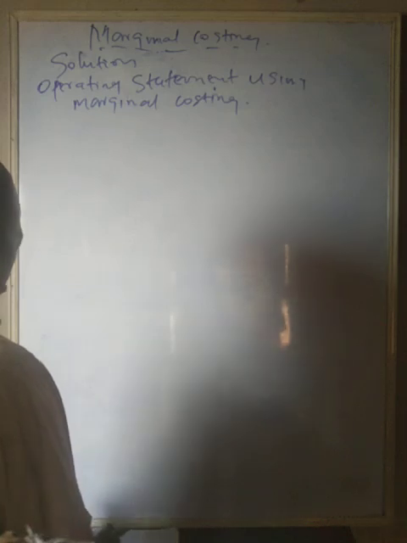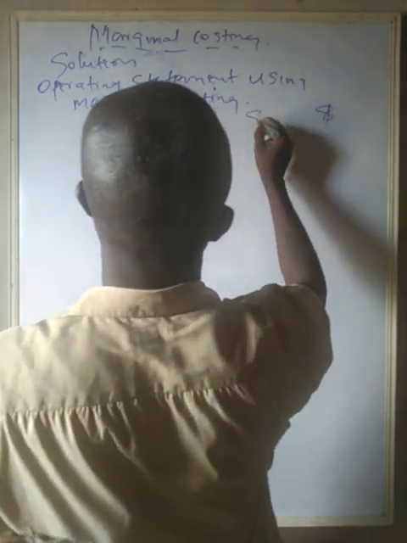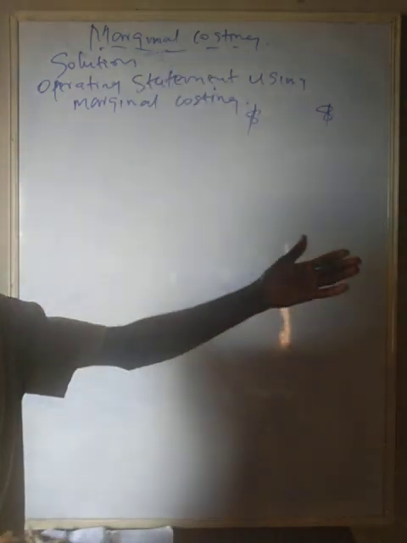You have your currency sign, as you are using dollar. Then you have your sales. We explained in the first video the concept of marginal costing. What is the concept all about?